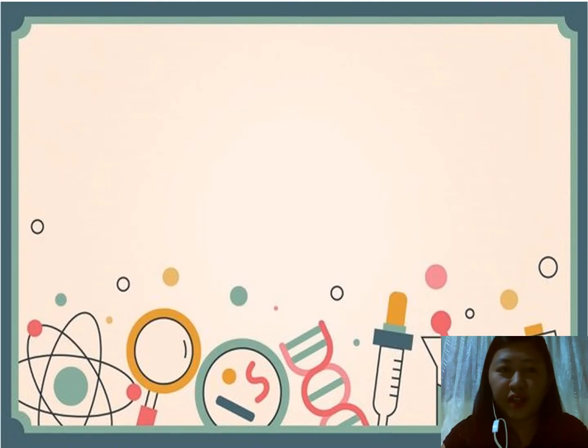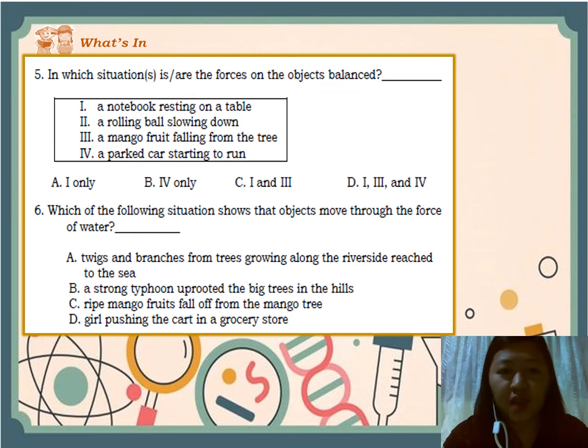All right, for number 5. In which situation or situations is or are the forces on the objects balanced? Is it 1. A notebook resting on a table. 2. A rolling ball slowing down. 3. A mango fruit falling from the tree. Or 4.